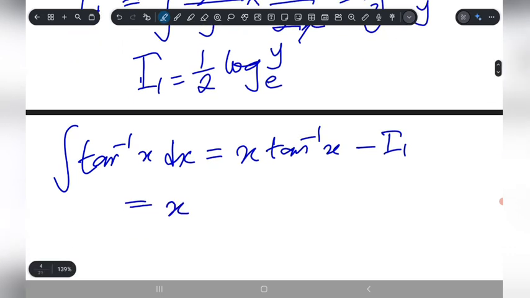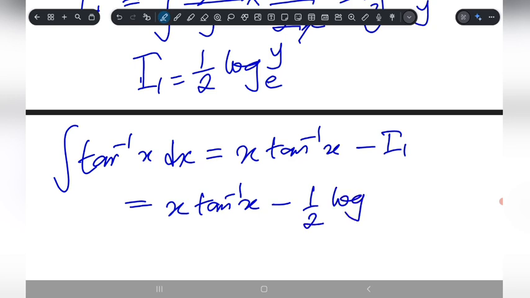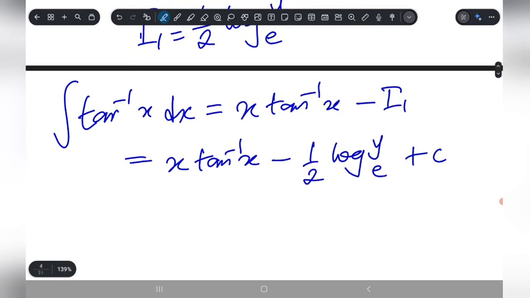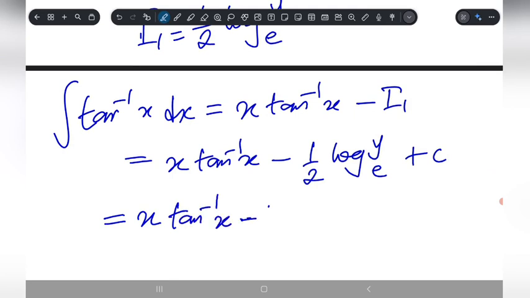So we have x arctan x minus half log y base e plus a constant.